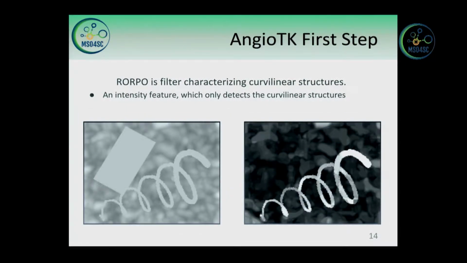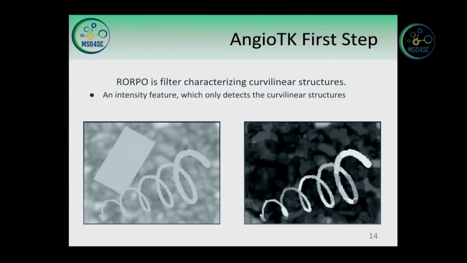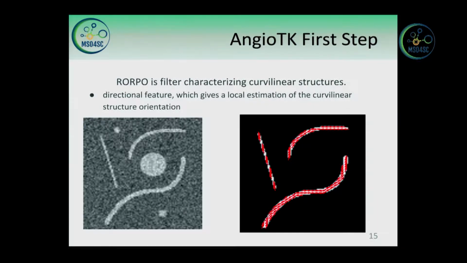Here it is similar, on a different image. This was a 3D image, and now here it's a 2D image, and you see that we have emphasis each time on the tubular structure. Another feature of this filtering technique is that while detecting the tubular structure, it also gives an estimation of the orientation of the structure.